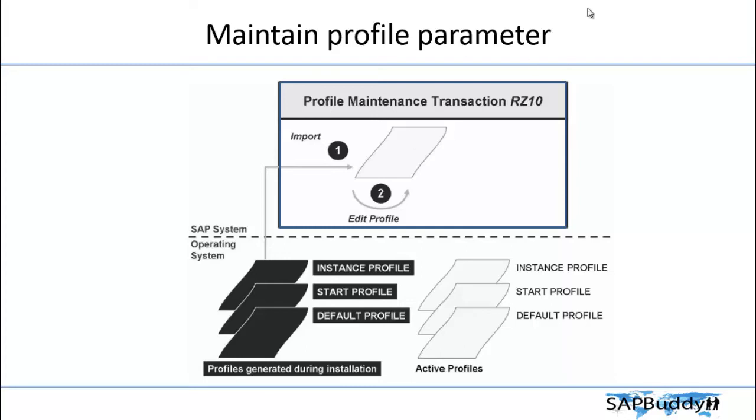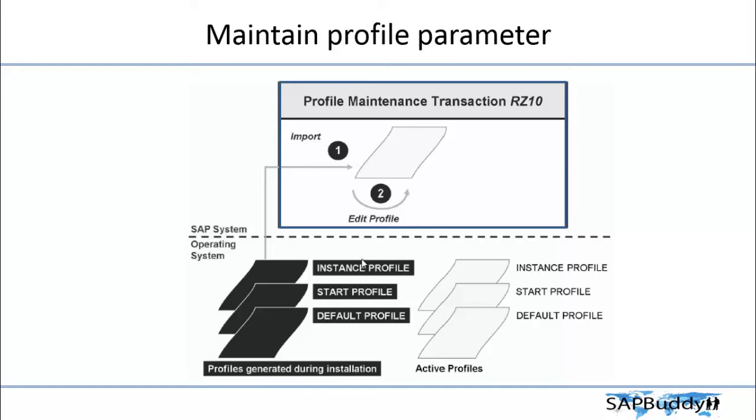We can use a transaction called RZ10. The transaction which we have seen is RZ11, that is to see a specific profile parameter. RZ10 is used to maintain the profile parameters. So the first step is to import the profile values, then we can edit the profile.